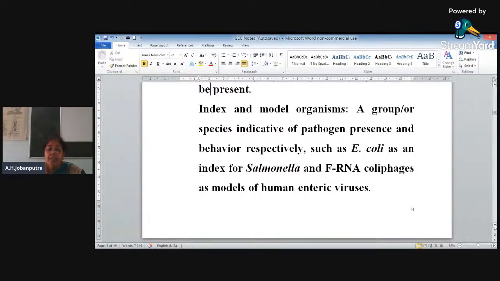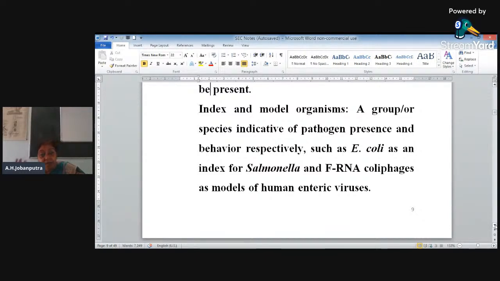So a group or species which indicates the presence of a pathogen and its behavior, such as E. coli is an index for Salmonella. So if E. coli is present, 99% Salmonella may be present. And FRNA coliphages as models of human enteric viruses.